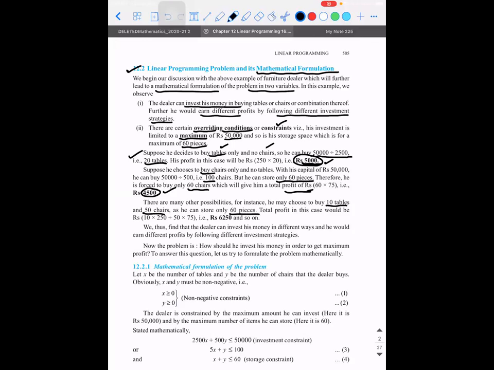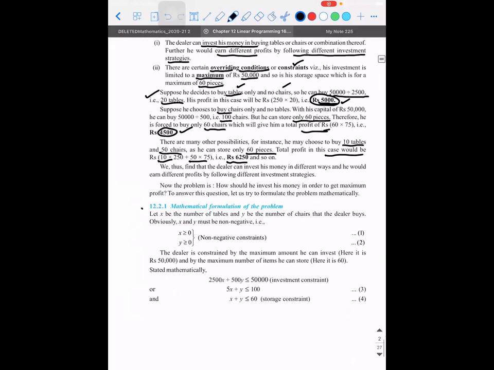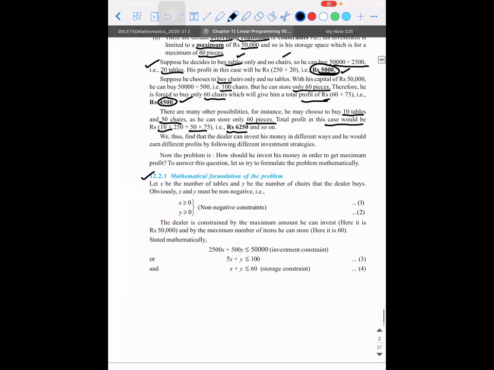As he can store only 60 pieces, the total profit in this case would be 10 into 250 plus 50 into 75, which is 6,250, and so on. Like this, many such cases are possible, right? To overcome that, what we are going to do is see the mathematical formulation of a problem. So for mathematical formulation, we will be assuming the variables. Here, how many variables are we supposed to introduce?